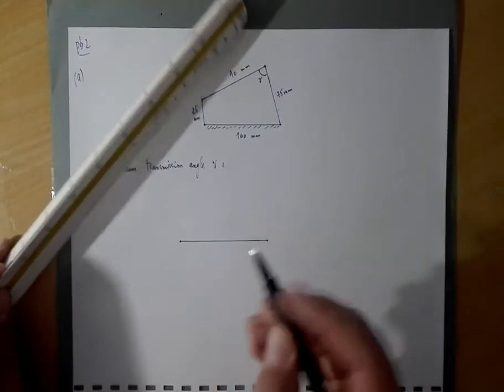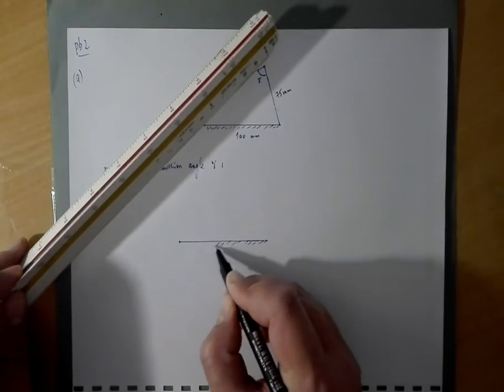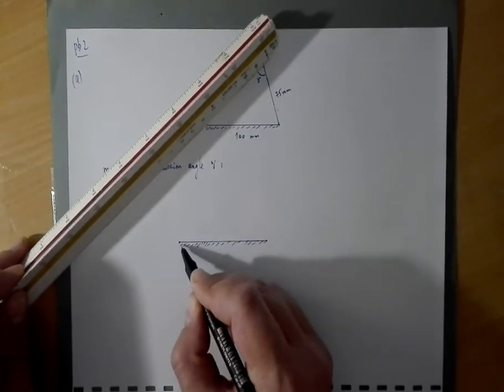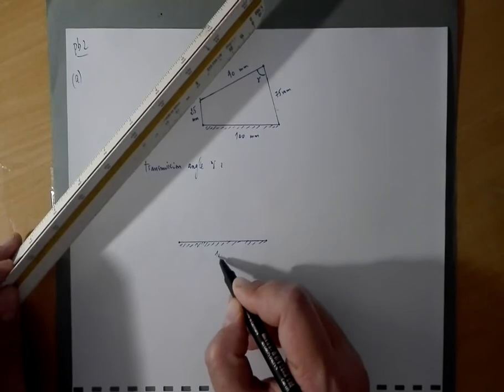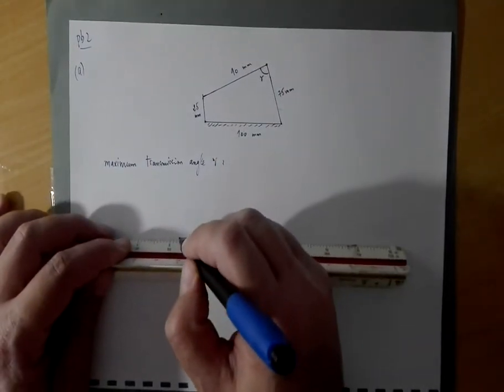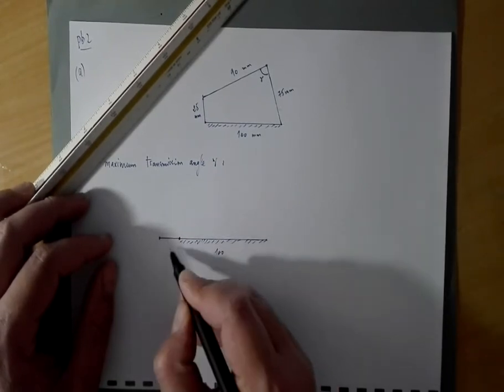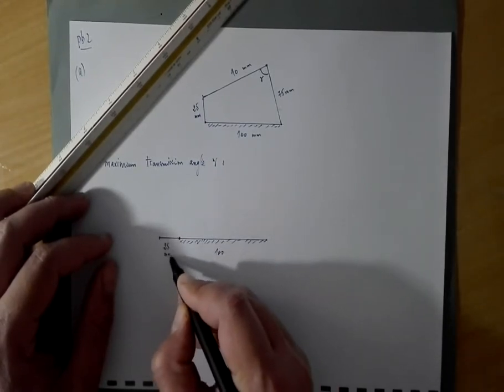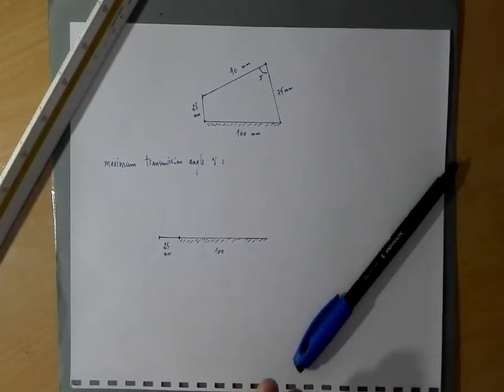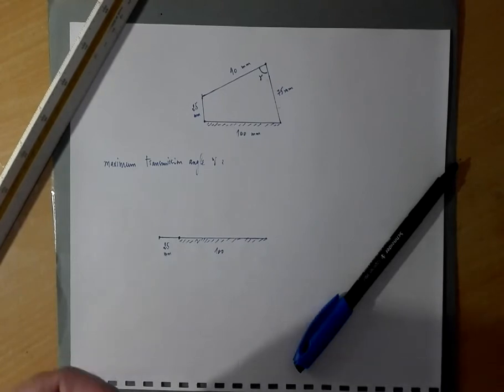This is the frame, 100 millimeters, and the crank is aligned. Crank, 25 millimeter. As you know, the crank is rotating, so I'll put it here like this.